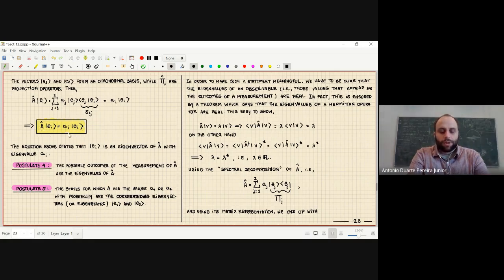Okay? Typically, since they are also states in a quantum system, instead of calling them eigenvectors, we call them eigenstates. But this is just a name. So you can see eigenvectors or eigenstates in quantum mechanics, and they mean the same. Hope this clarifies a bit. You're going to get more used to that.